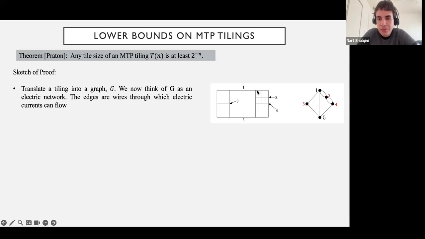If a tile is bordered by 2 horizontal components, then it will be connected to the respective vertices. So in this case, there are 2 edges between 1 and 2 because the horizontal component 1 has 2 smaller squares below it on the right-hand side that also connect to the horizontal component 2. So I'm gonna stop again and see if people have questions about how this construction works.